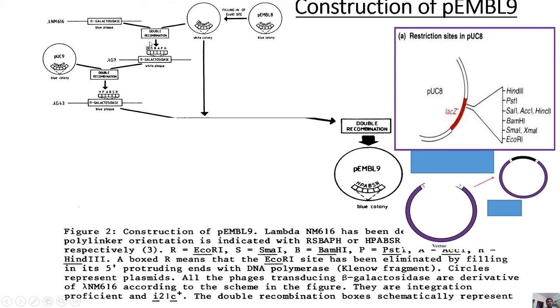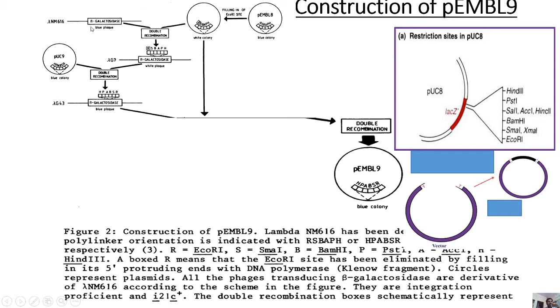Now we are going to co-transform a bacterial cell with white colony producing pMBL8 and blue colony producing lambda NM616. So now a bacterial cell has these two vectors in it. We know that these two vectors have homologous regions at the beta galactosidase gene region.